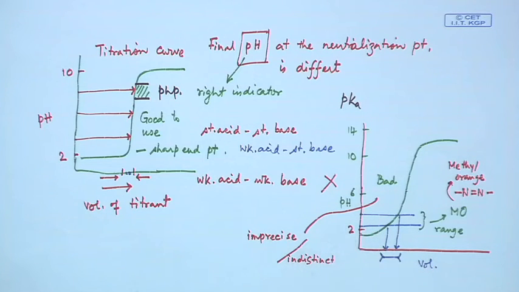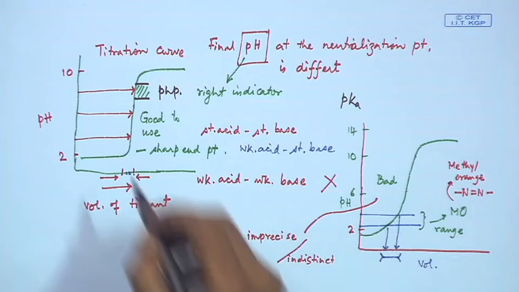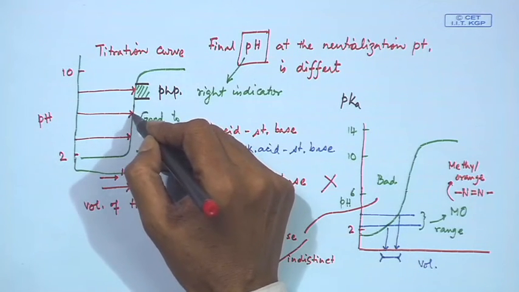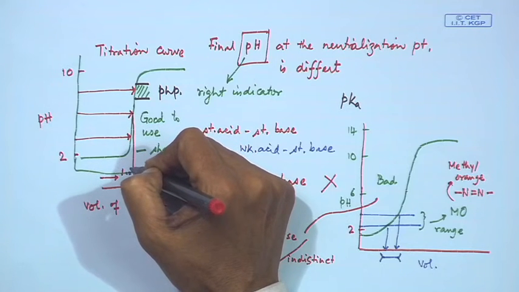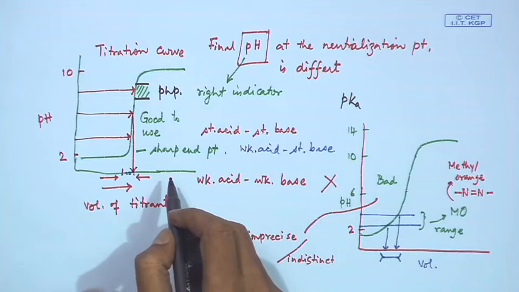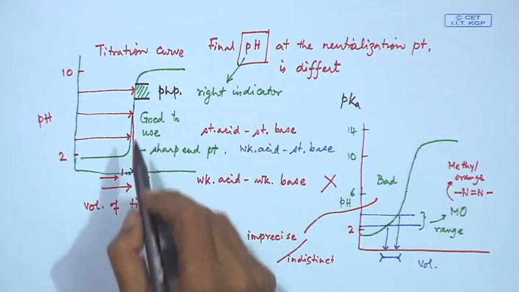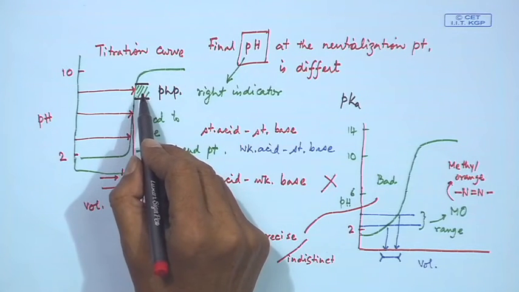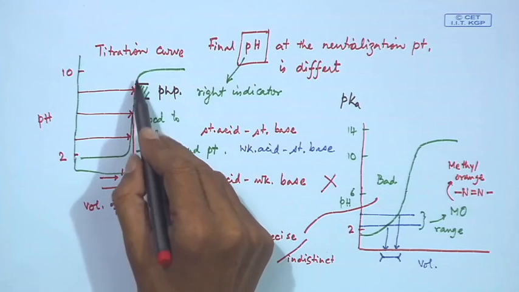So, the equivalence point will not be detected nicely, because as per this curve, we are trying to detect the actual equivalence point by the use of an indicator where it changes its color.